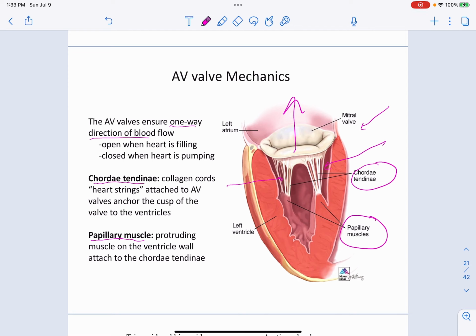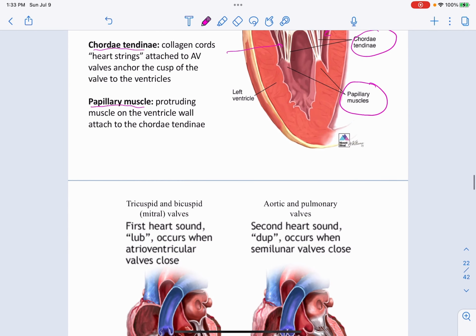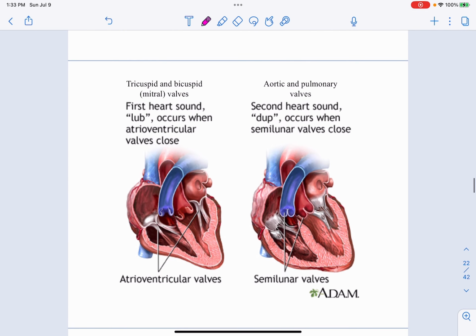These features can only be seen with the atrioventricular valves, and it's because of the design of these valves that we have these extra steps in place. The semilunar valves do not operate this way, though. Here's the pulmonary valve, here's the aortic valve. They look like little cups.